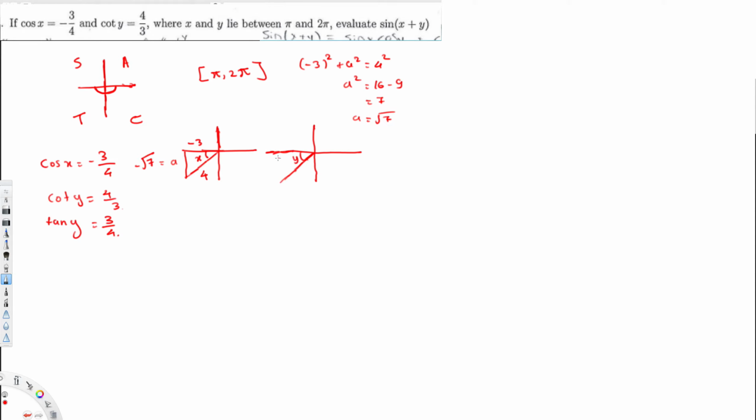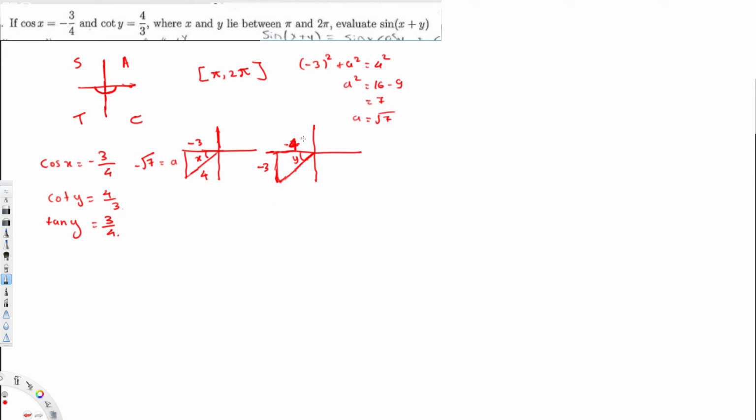If I take this y angle, according to tan y is equal to opposite over adjacent, opposite is going to be my 3, and here this is going to be negative 3 because it's below the x-axis, and adjacent is going to be 4. So that's all we have to figure out.